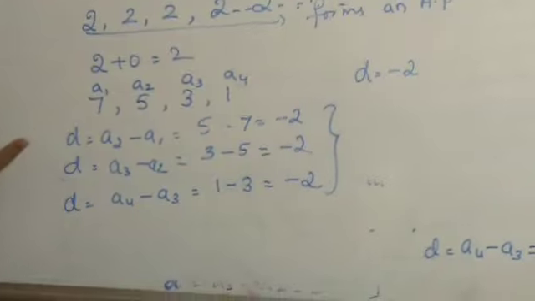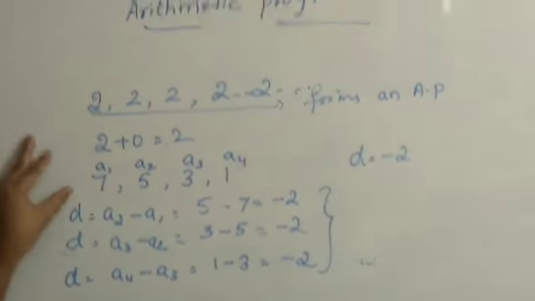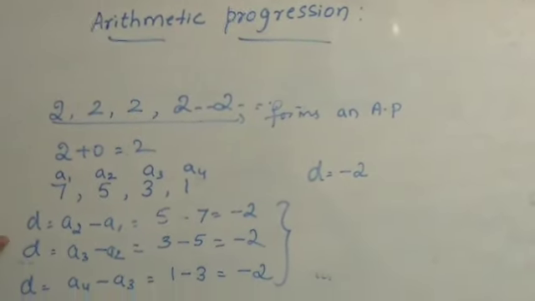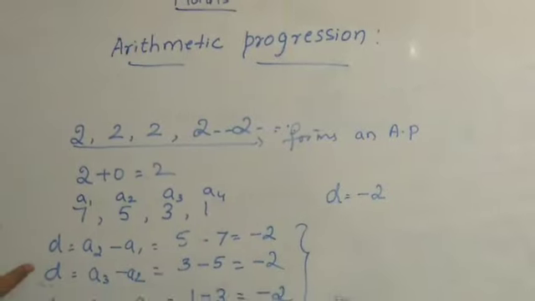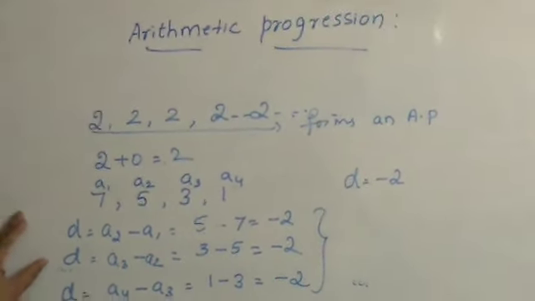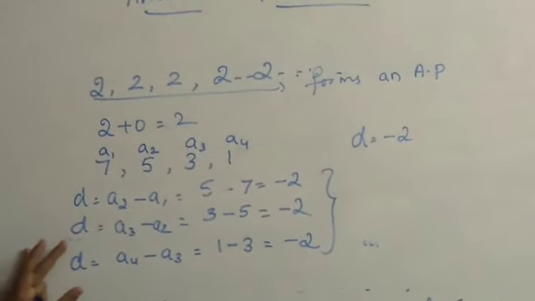I will give some homework for you all. You have to do it based on this. You have to tell me whether those form an AP or not. You have to write and keep it. When the school reopens, I will check all your homework sums. And these also you have to do. Once, you all have to revise the sums.